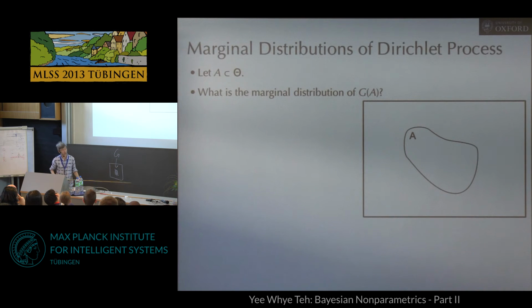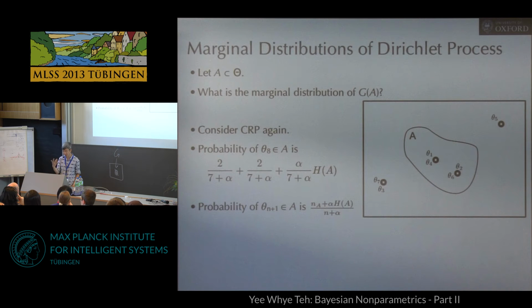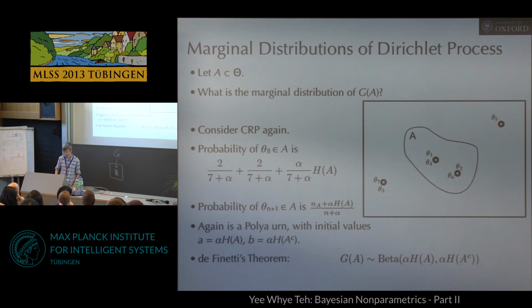So what's the marginal distribution of G(A)? You can use the same sort of argument, going back to the Polya urn scheme, to derive that the marginal distribution of this random variable is simply going to be Beta with parameters alpha times H(A) and alpha times (1 minus H(A)), where H is our distribution over the parameters of each cluster.